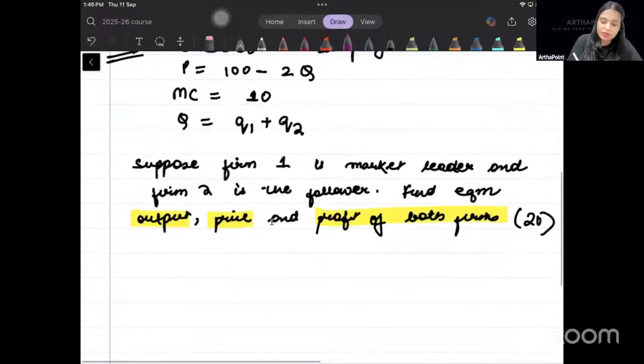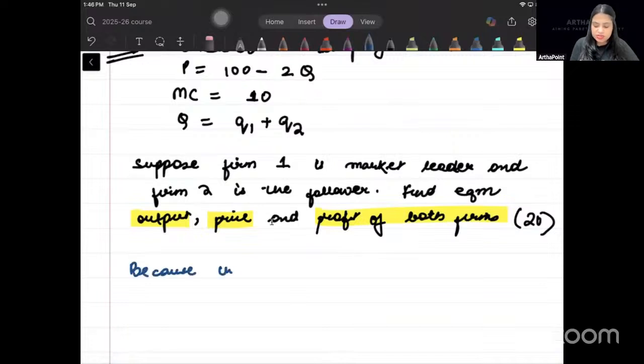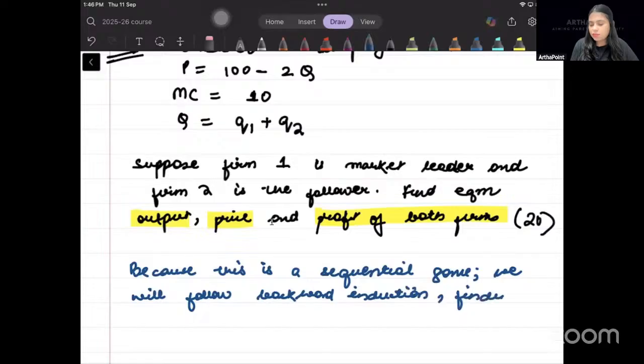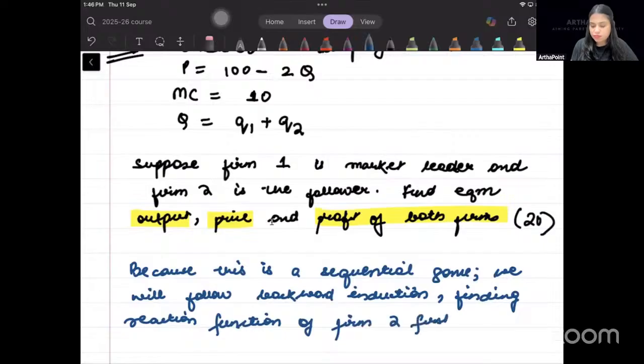So we will start writing that because this is a sequential game, we will follow backward induction, finding the reaction curve, finding the reaction function of firm 2 first.